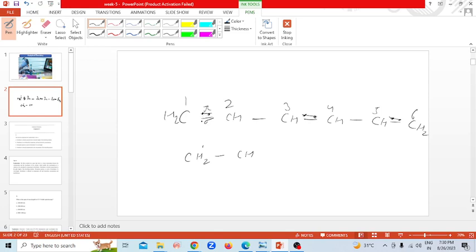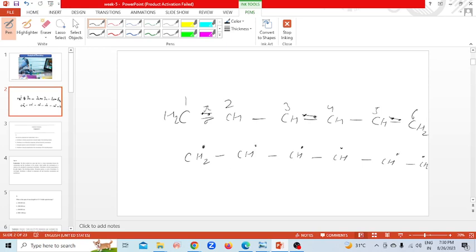Suppose these 2 electrons are shared by carbon 1 and carbon 2. So carbon 1 is again taking its electron back, so 1 electron will be there, then it will be CH. Similarly 3 and 4, so 3 again takes its electron, and 1 electron will be like that, then CH, similarly. So we can say that each carbon atom has 1 electron.